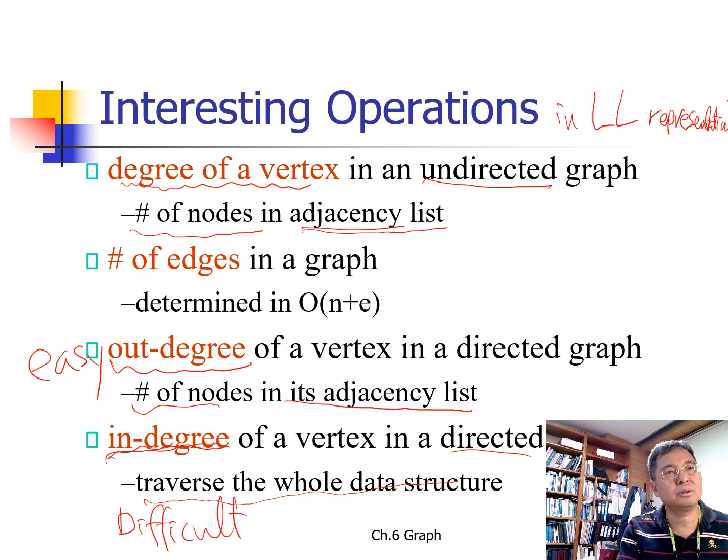So if you select a linked list for a graph, then you can see that in degree calculation is very, very difficult. But do you remember that it is very easy to calculate in degree if you are using an adjacency matrix? Yes, in degree can be calculated using only the column sum.